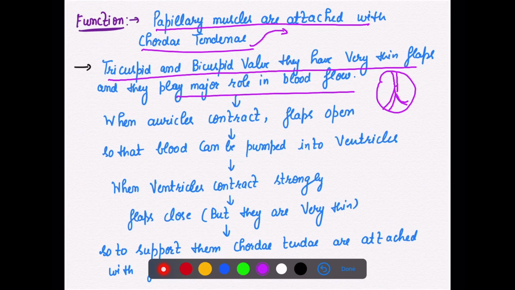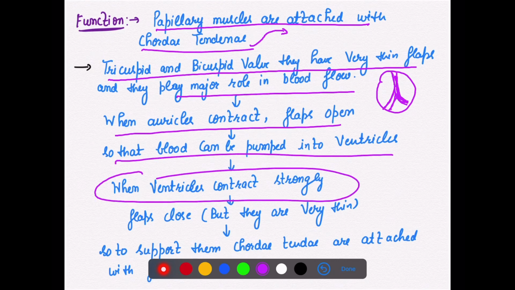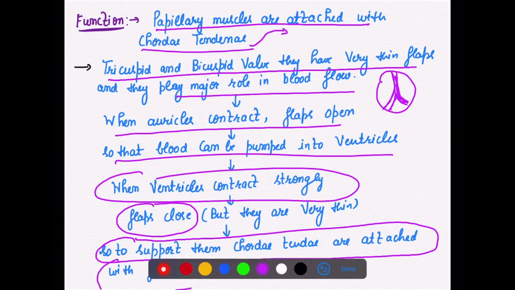Now they are so thin that they need support, to support these tricuspid and bicuspid valves. When auricles contract, flaps open so that blood can be pumped into ventricles. But when ventricles contract so strongly, these flaps have to close, but they are very thin, so they are supported by chordae tendineae, which are attached to the flaps, and they are attached with the help of papillary muscles.